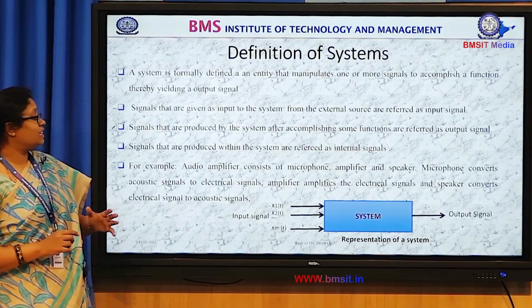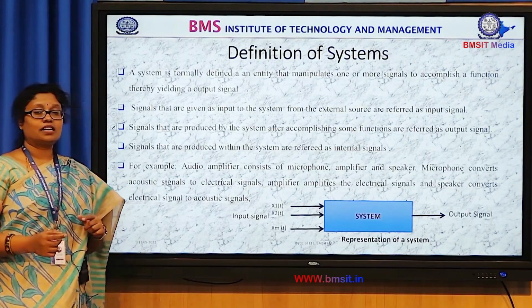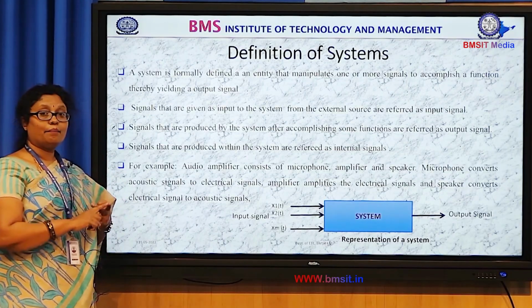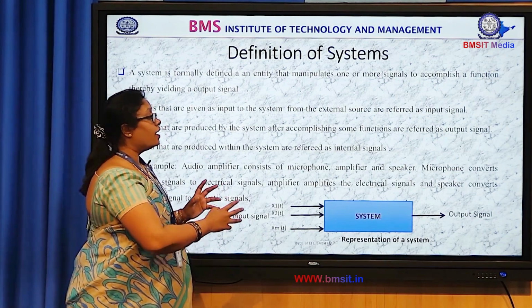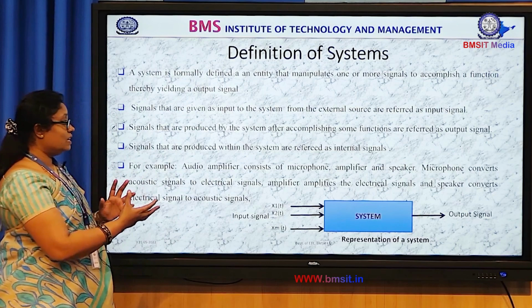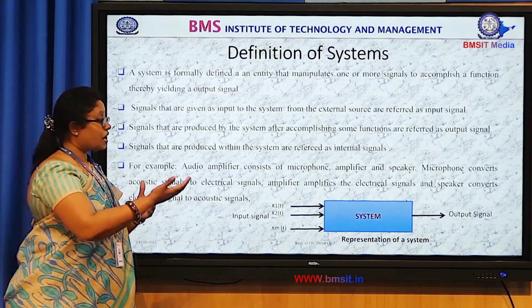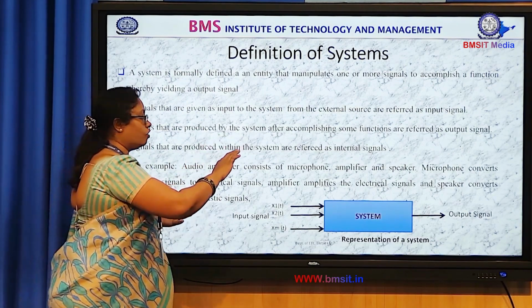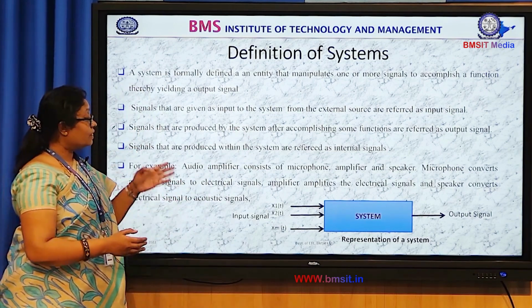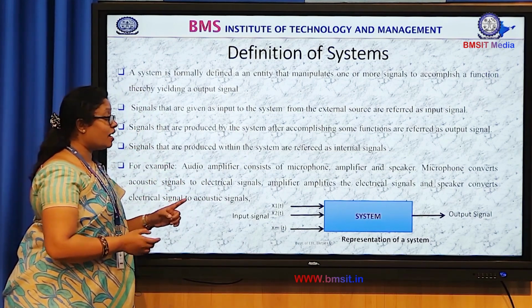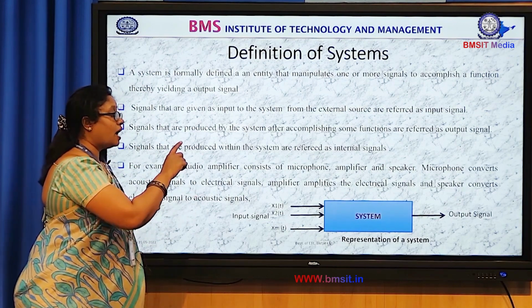For example, we can take an audio amplifier which consists of a microphone, an amplifier and a speaker. Here the acoustic signals are taken as input by the microphone, which converts them into electrical signals. Later on, these electrical signals are amplified by the amplifier.